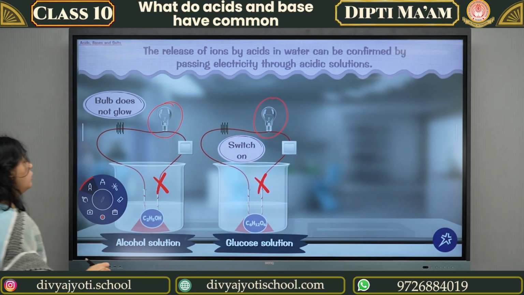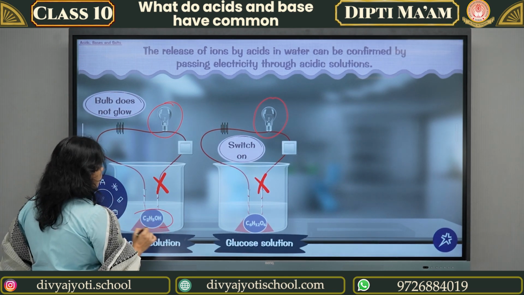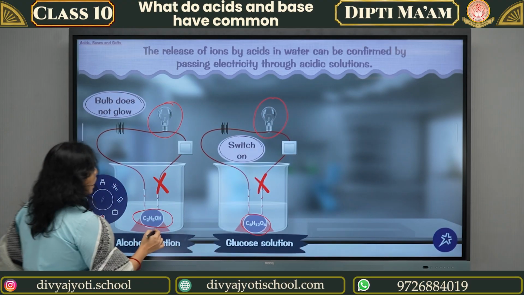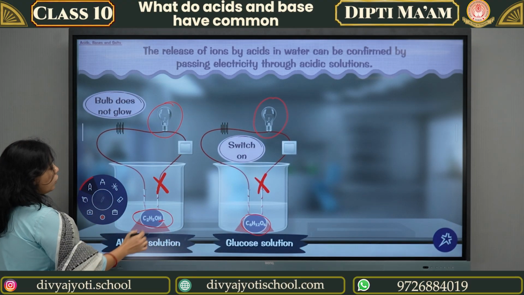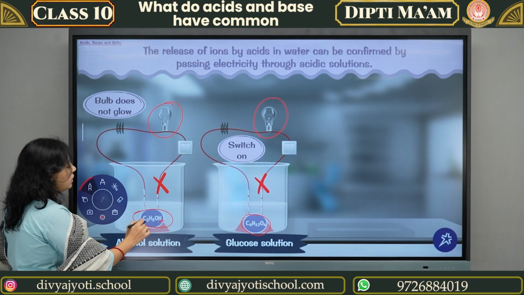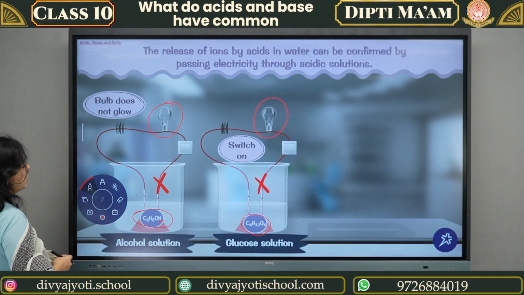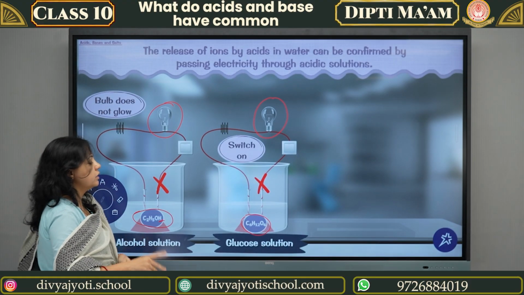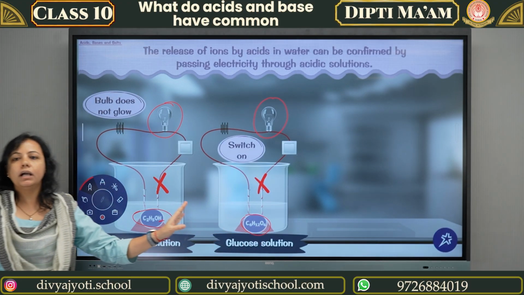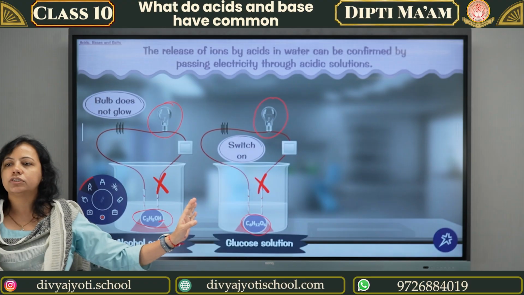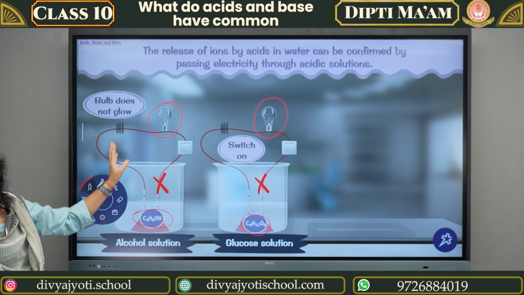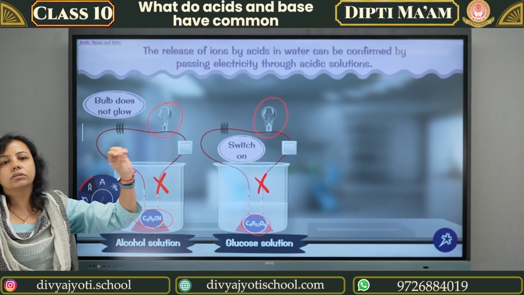In the formula of alcohol and glucose, hydrogen is present. Taking ethanol, the formula is C2H5OH, and the glucose formula is C6H12O6. In the formula of this alcohol and glucose solution, hydrogen is present. Then again you observe that the bulb is not glowing.